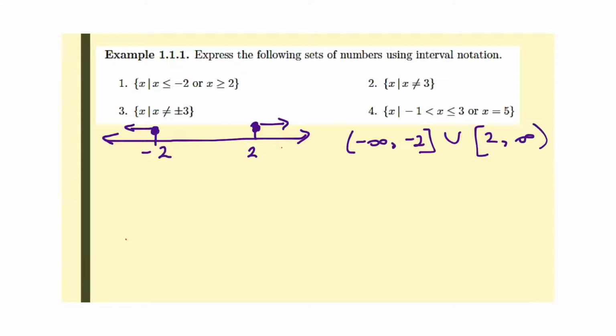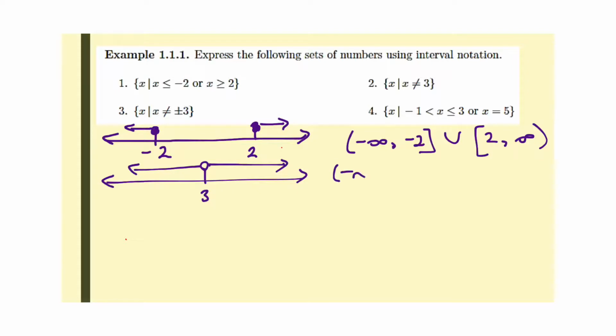All right, number 2. I've got x such that x is not equal to 3. It is not equal to 3, but it is allowed to be anything to the left of 3, and it also includes anything to the right of 3. So I've got two pieces with a hole in the middle, so I need the union symbol for that as well.